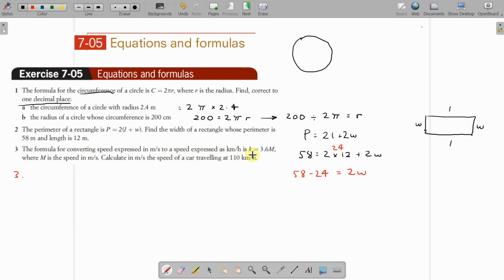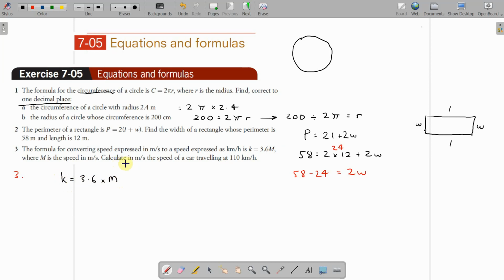K must be the kilometers per hour, and the 3.6 times m is the meters per second bit. So K equals 3.6 times whatever the meters per second is.